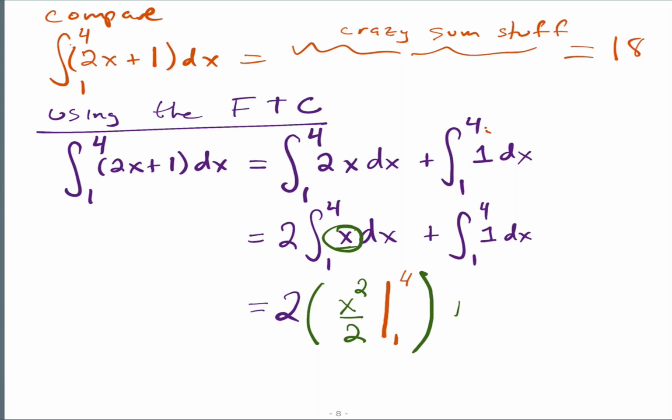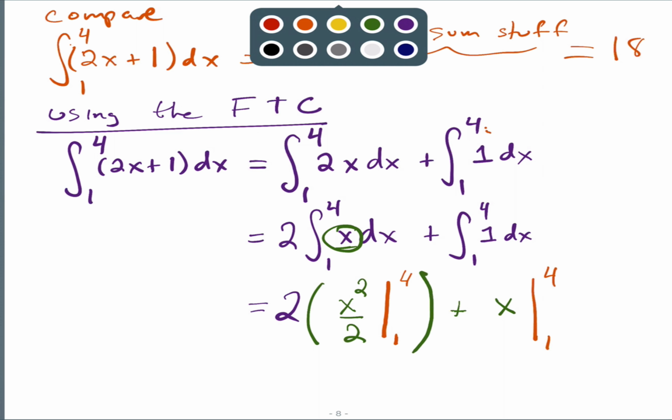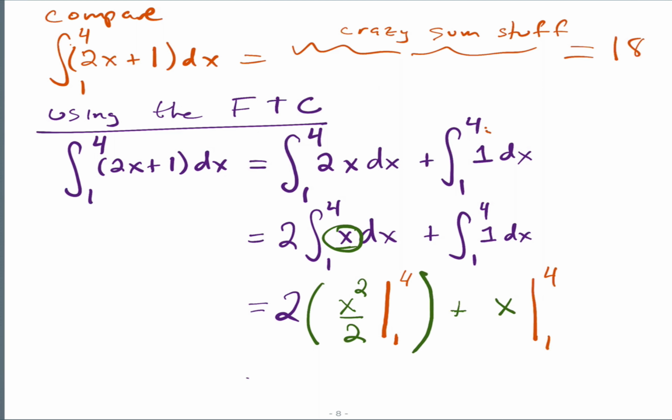Okay, now plus, so then again, the antiderivative of, in this case, 1, what's the antiderivative of 1? x, right? And then again, evaluated from 1 to 4. Okay. All right, so now what is this equal to?